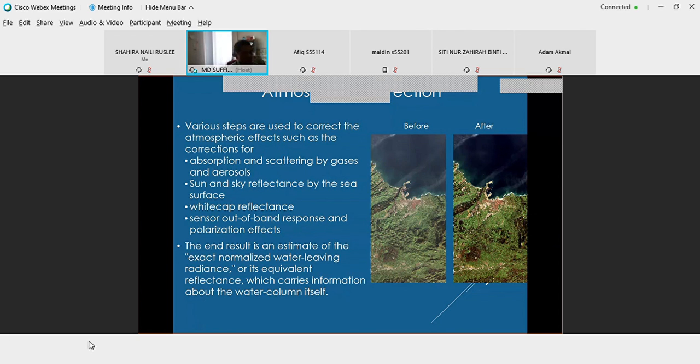But sometimes, because of atmospheric scattering, the reflectance is more than 1 or more than 100%. That is what we call sensor out of band response, including reflectance values exceeding 1. That also needs correction.